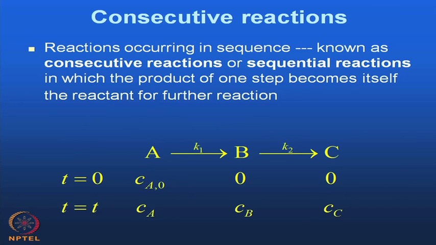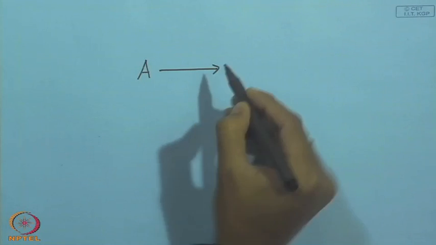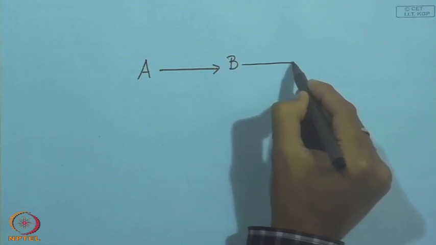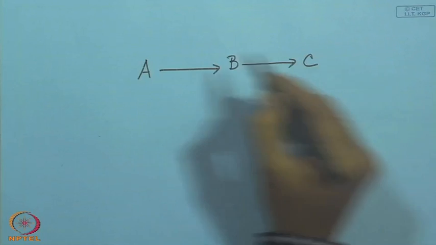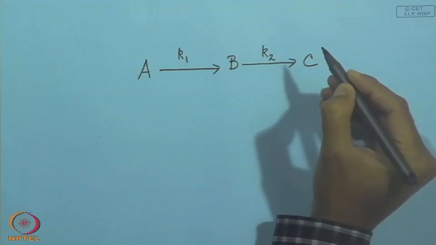Next, we will move on to consecutive reaction. Consecutive reaction means it is a sequential process, that is, you have got A, the starting material, that is giving you B, then B will be giving you C, with K1 and K2 rate constants.